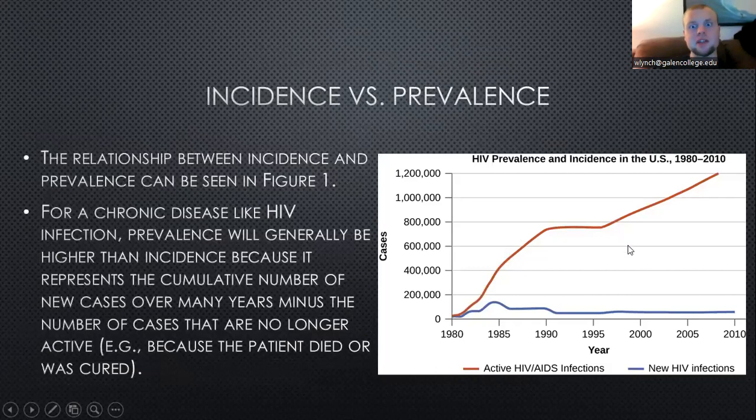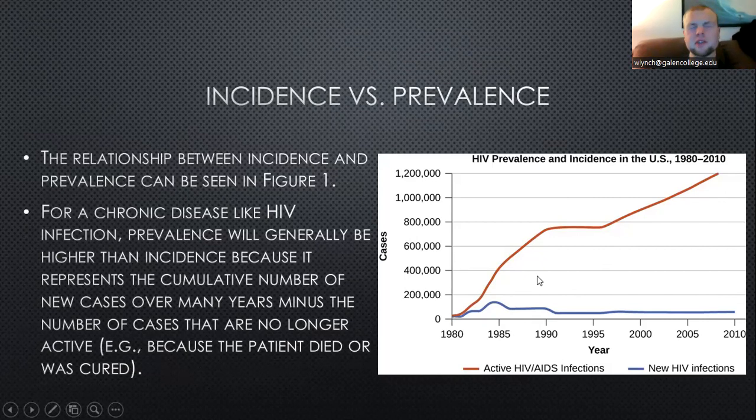Here's a relationship of incidence versus prevalence. Usually if a disease is stable or constant or not really posing a massive issue, the incidence rate should stay relatively low because we're getting a set amount that's happening every year, all right?